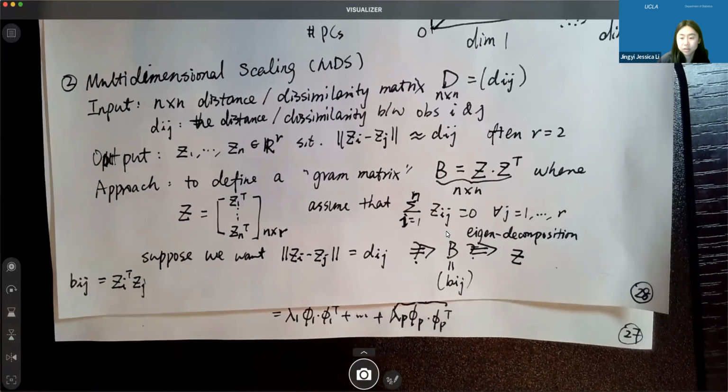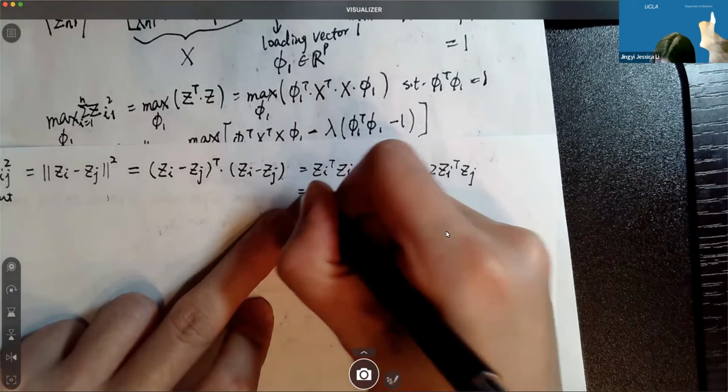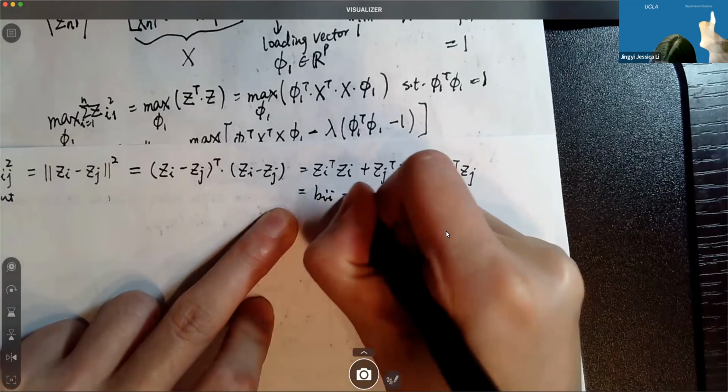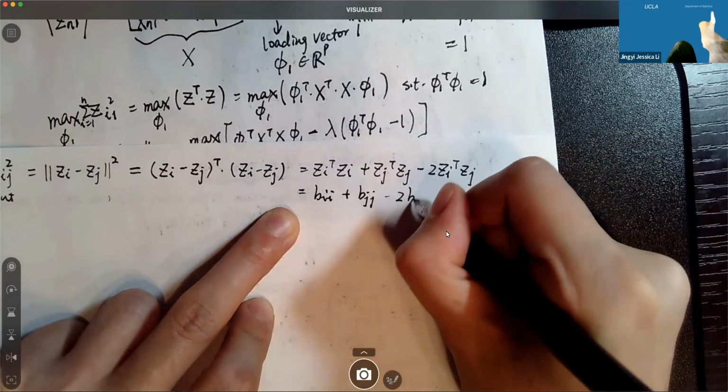This is the definition of Bij. Then coming back here, you can see this is exactly Bii plus Bjj minus 2 times Bij.